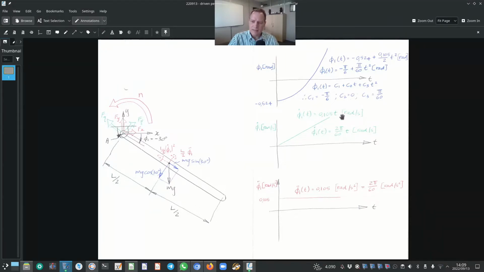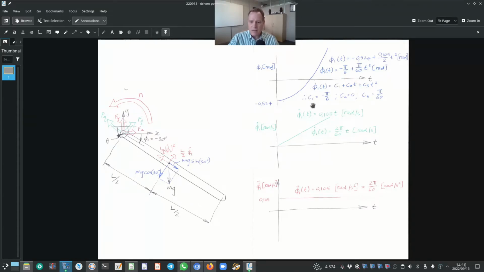Now, integrating this once more, we get the accurate expression, which is the initial value minus pi over 6, which is minus 30 degrees, plus pi over 60 times t squared radians. That's approximately equal to minus 0,524 plus 0,105 divided by 2 times t squared radians.